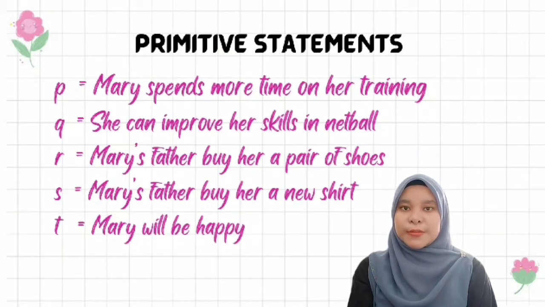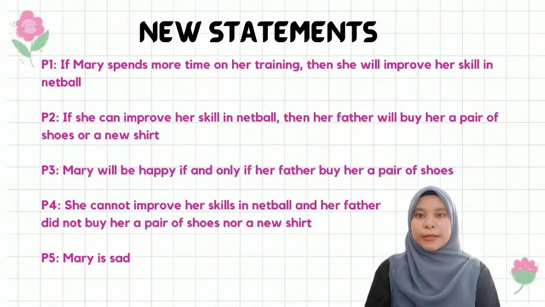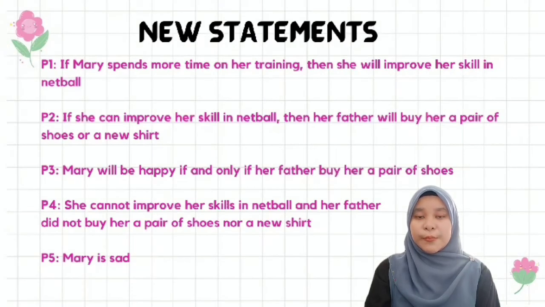So from these primitive statements, we will make some new statements. Okay, the first statement is, if Mary spends more time on her training, then she will improve her skill in netball. Okay, for the second, if she can improve her skill in netball, then her father will buy her a pair of shoes or a new shirt.